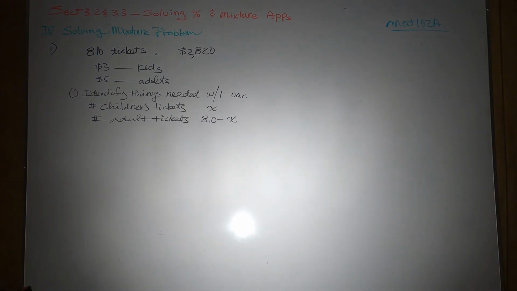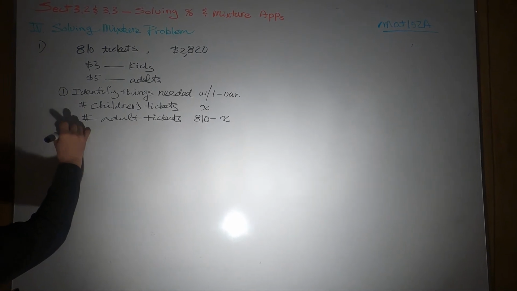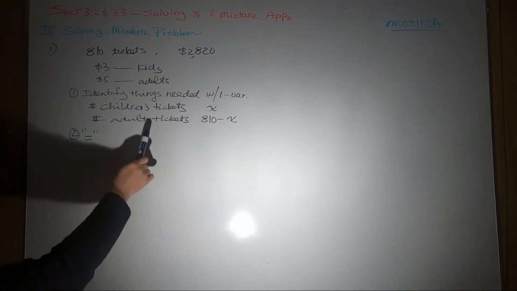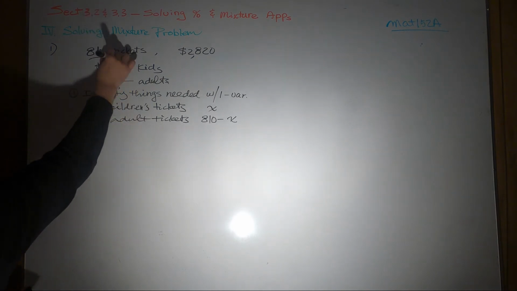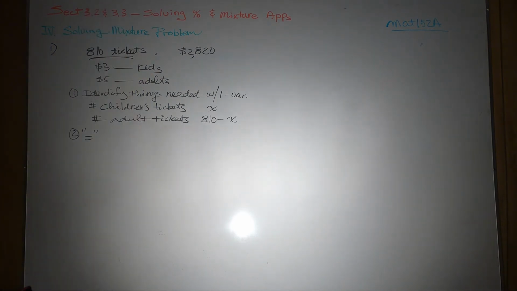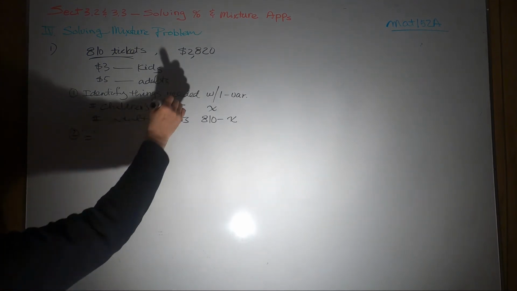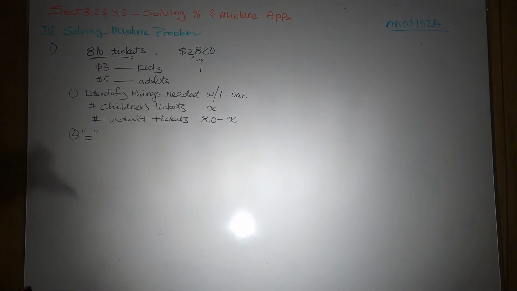Right? Then second one, we say write the equations. So first we identify each one with how many tickets here, right? Then next one we have to write it for the total number, somewhat in the 2820, right?